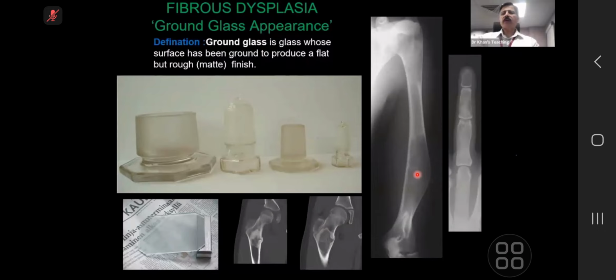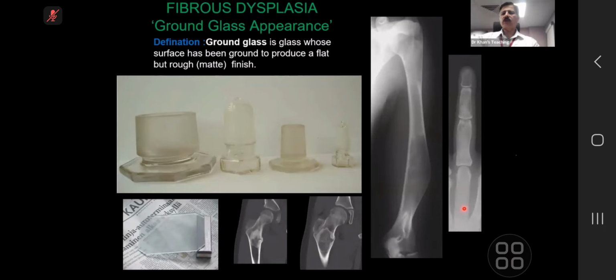So polyostotic fibrous dysplasias are always confused. If you don't know it, in the exam, you will confuse it. Look at this case. This is a beautiful case. Look at this metatarsal, metacarpal, and you can see that the medullary cavity is obliterated.